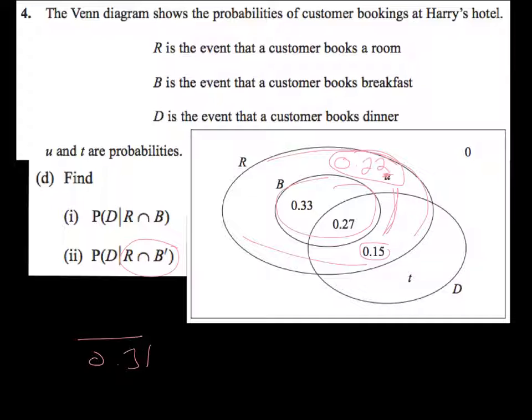And then we want to work out from within that subset the probability that they have dinner. So only this group here are also within the dinner set, so it's going to be 0.15 over 0.37, which we can just leave as 15 over 37.